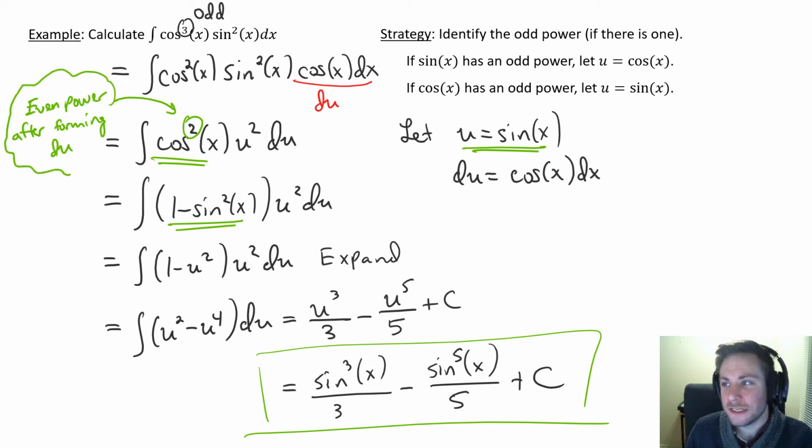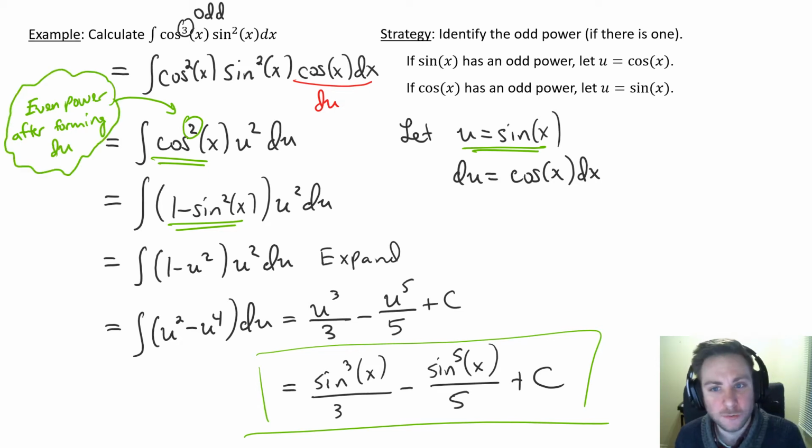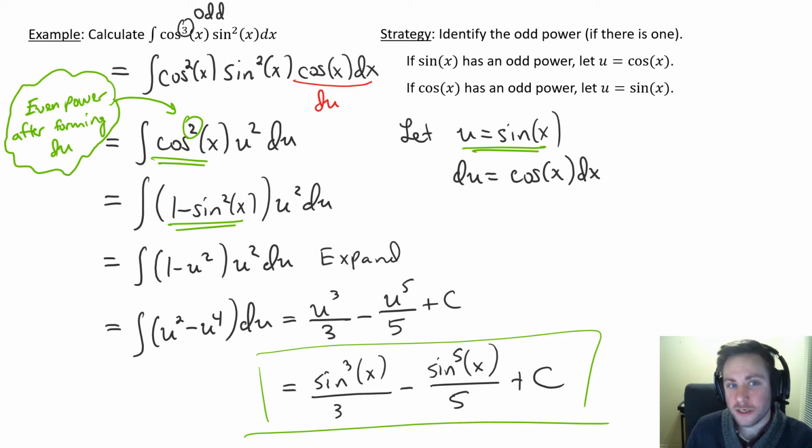And we did have an even power of cosine, but only after we formed du. We actually started with an odd power, but making this substitution left us with an even power, and that's ultimately what made it possible for us to apply an identity and solve the problem. So hopefully that gives you an idea of why the strategy I proposed is what it is.